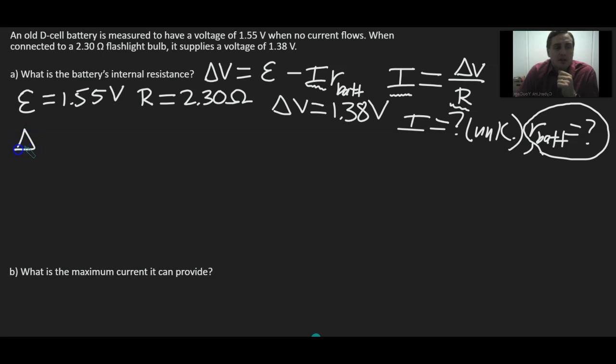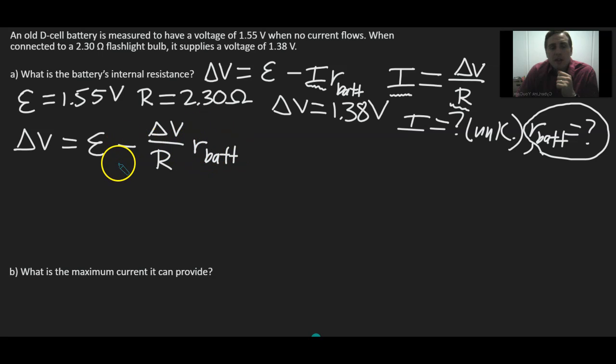So, delta V should equal epsilon, capital epsilon, minus, and then the current becomes delta V over capital R, the load resistance, times the resistance of the battery. Well, we should be able to solve for this resistance of the battery. We can take this term and move it over with a plus, and we can take this term and move that over with a minus.